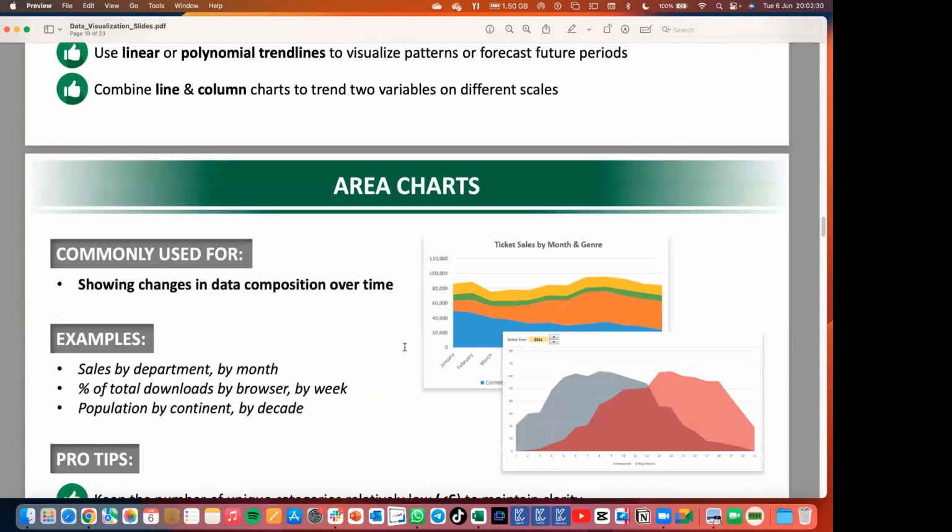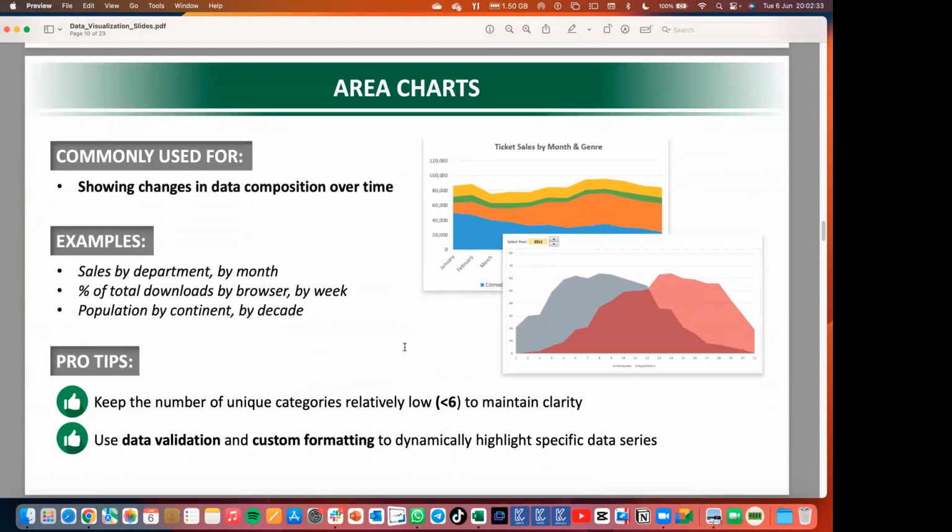If there is no question, then we go to area chart. You know, these area charts are good to use, but it depends on the audience. We have already talked about that. The moment you understand that your audience are not going to get anything from the area charts, don't use them. Go for line. And area charts, we always use them when we are comparing more than like 3, 4.